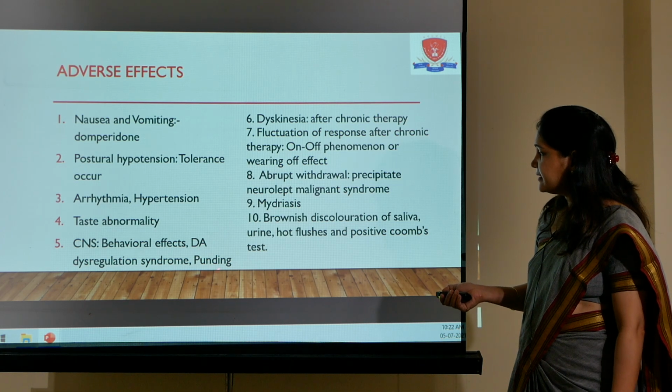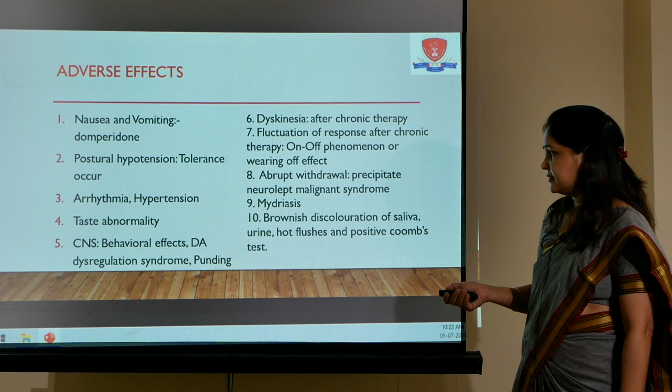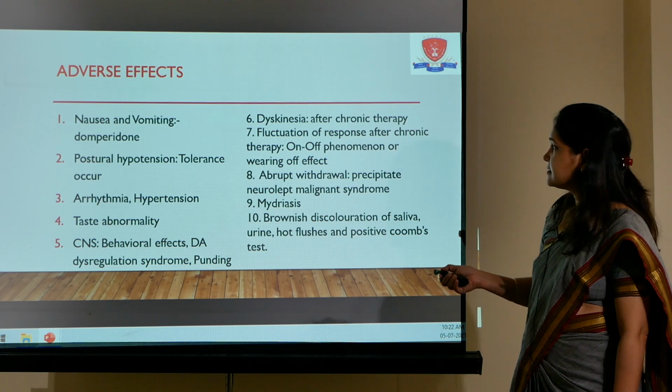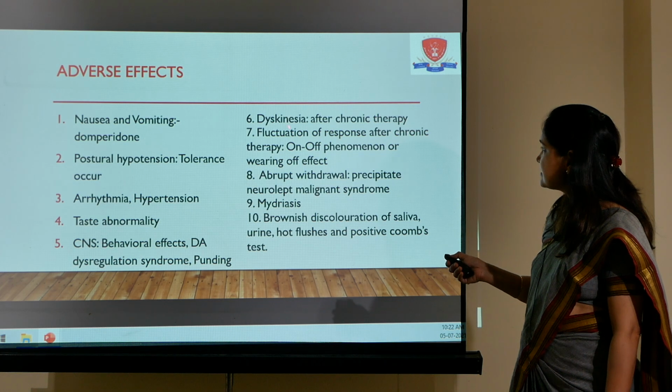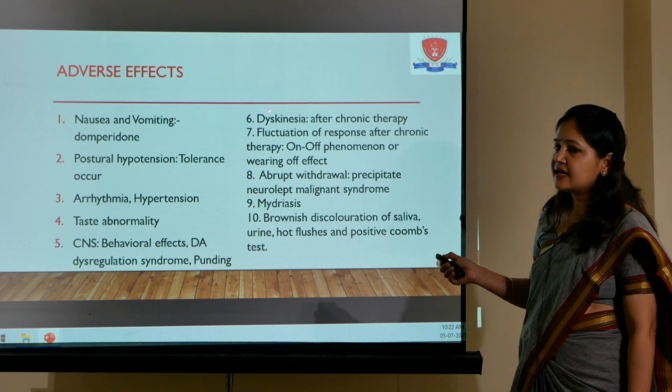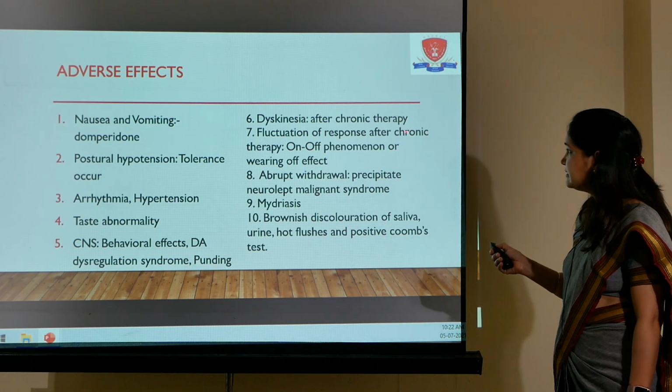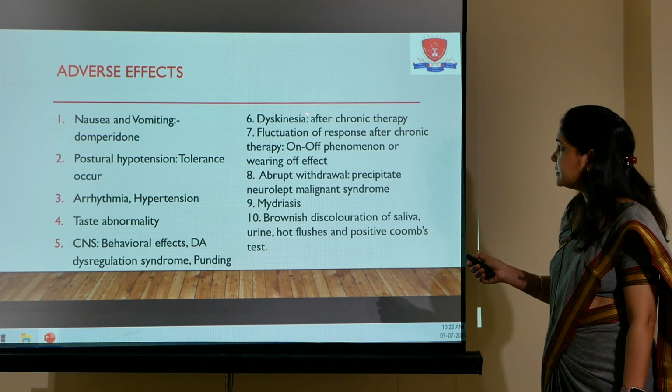And then punding, that is a choreiform-like movement, can occur in the patients because of the increase in dopaminergic activity. Then there is dyskinesia, which occurs after chronic therapy of levodopa.